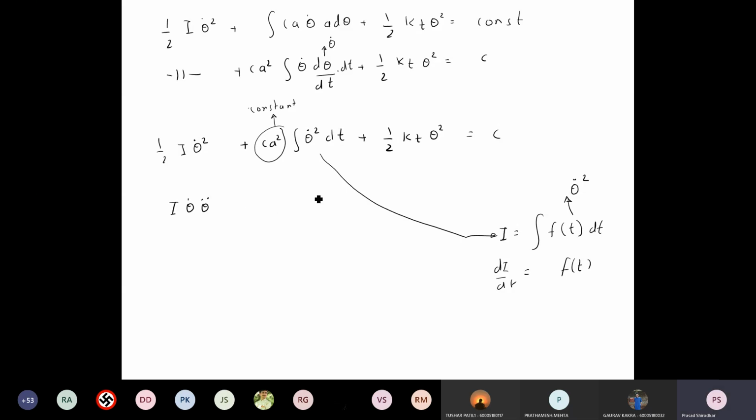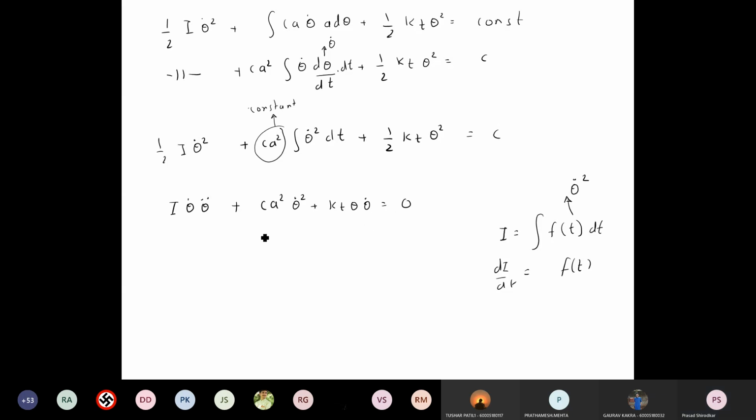So the second term becomes plus C a square theta dot square, plus k torsional theta into theta dot is equal to 0.